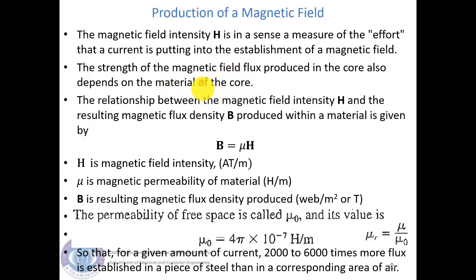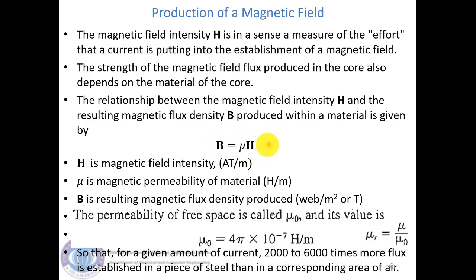Most of the time you have seen ferromagnetic material used, because ferromagnetic material has high permeability. Permeability means they allow the flux to pass more. If they have low permeability, they will not allow the flux to pass through easily. The relationship between the magnetic field intensity H and the resulting magnetic flux density B produced within a material is given by B is equal to mu H. This is a linear relation, directly proportional.